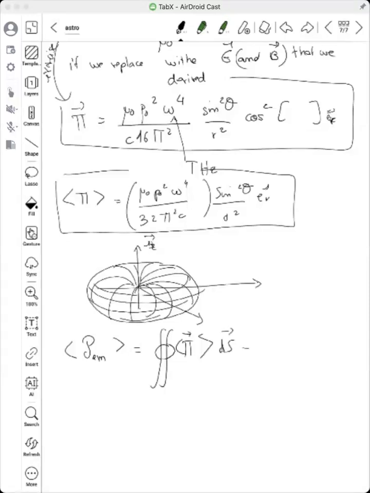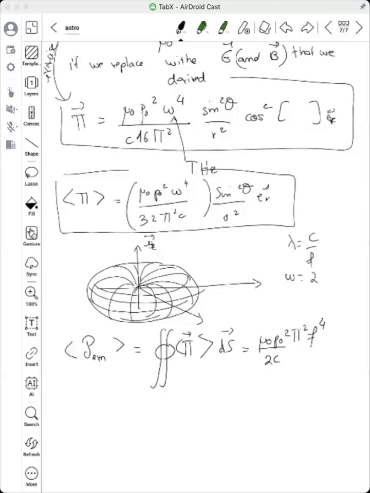And this is simply μ0 p0² ω⁴ over 2c, and so on.